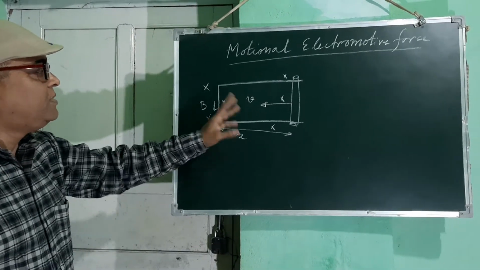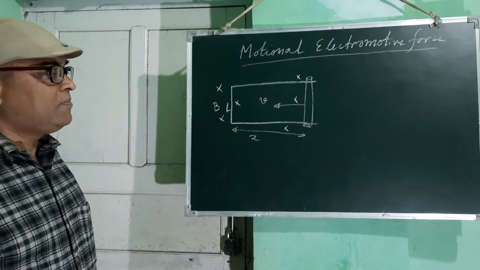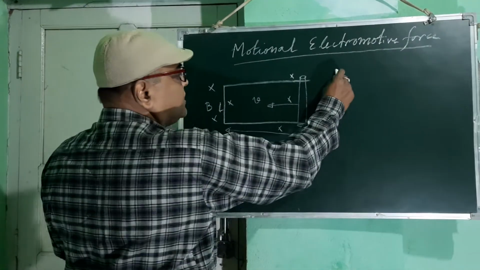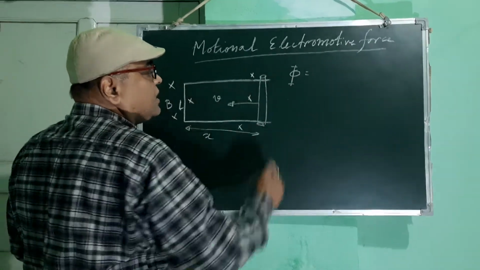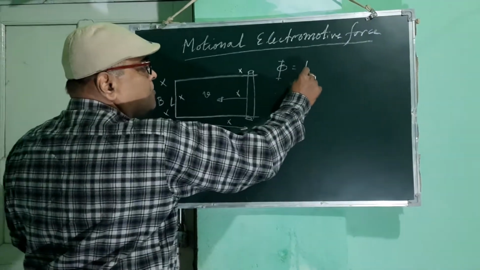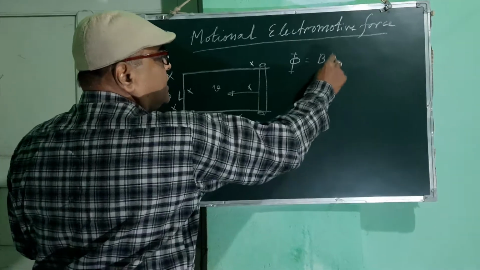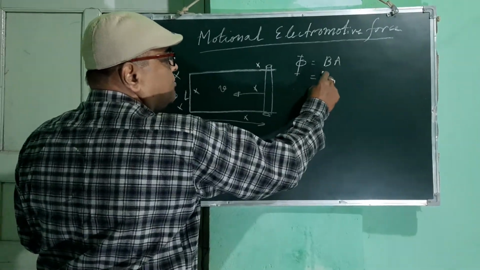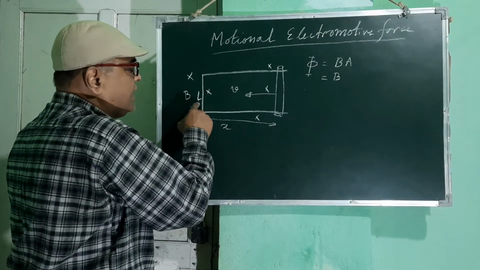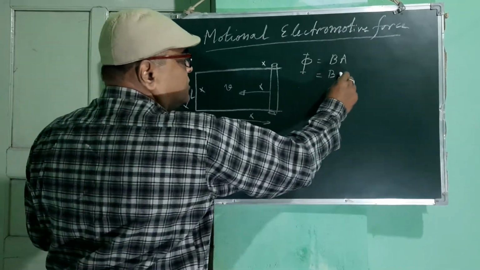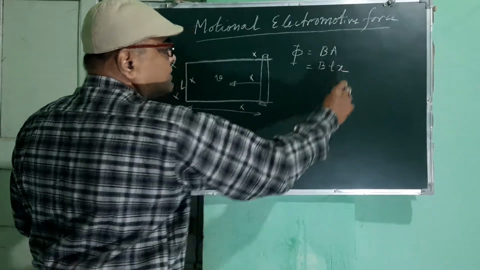Now EMF will be generated. What will be the EMF? The flux phi is equal to B into A. The area is L into x, so Lx.